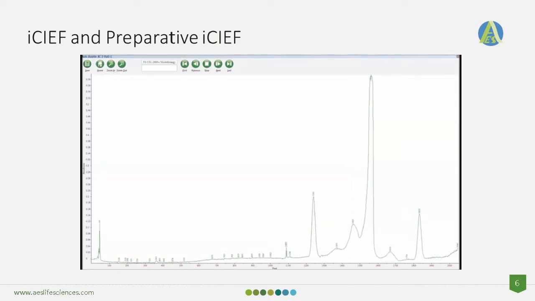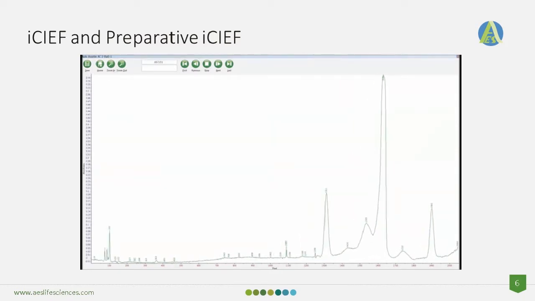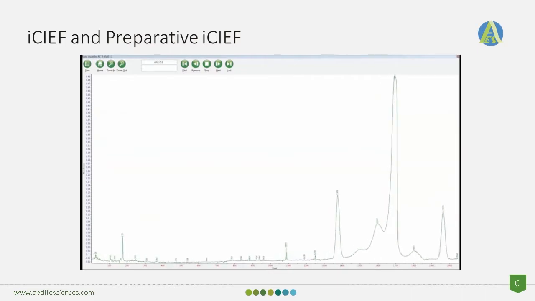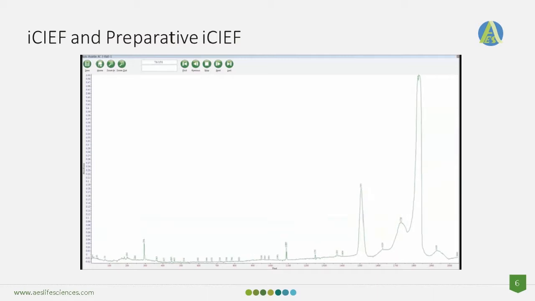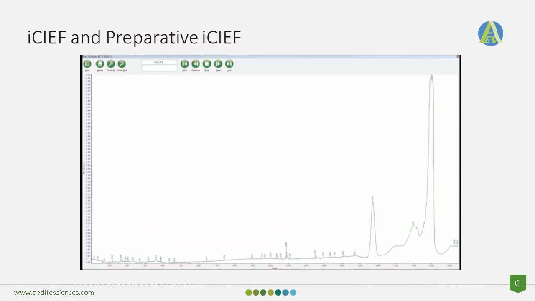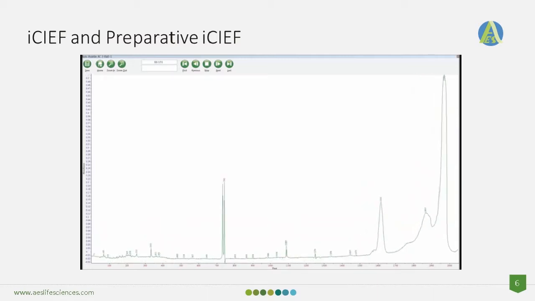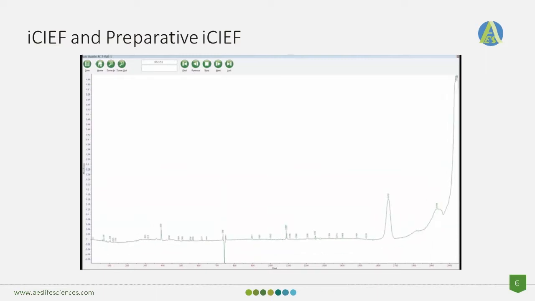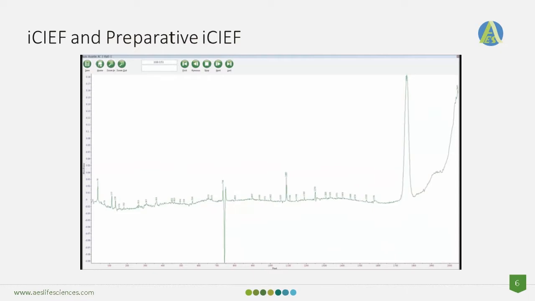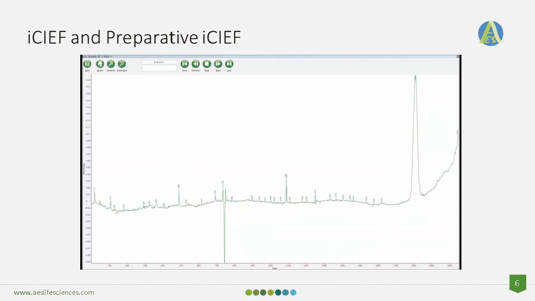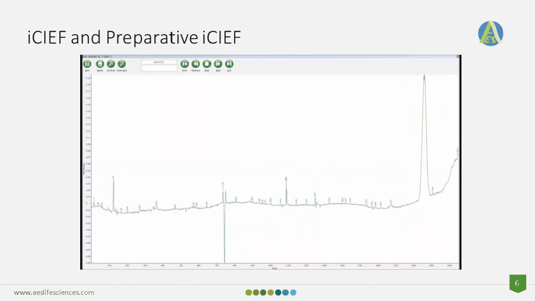Essentially, this is the intensity along the separation column at a specific time. So you can see the peak, the protein focused and mobilized toward the right end of the separation column. The profile of the protein is essentially the same as the focused one.